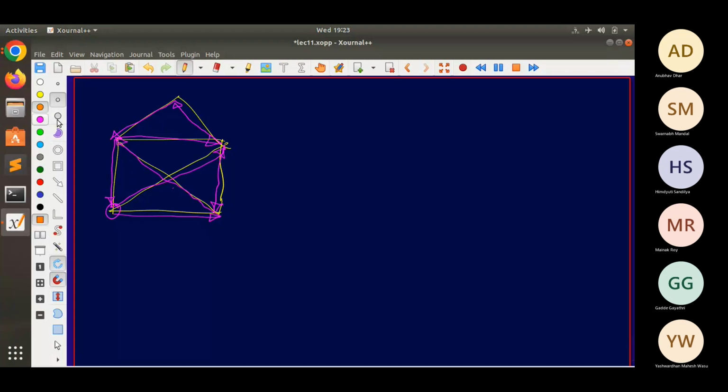Now let's have a look at what happens to the degrees of the vertices that we touch. Initially the degrees of all the vertices are zeros, right? Now when you just start drawing the first line, the degree of this vertex becomes 1.